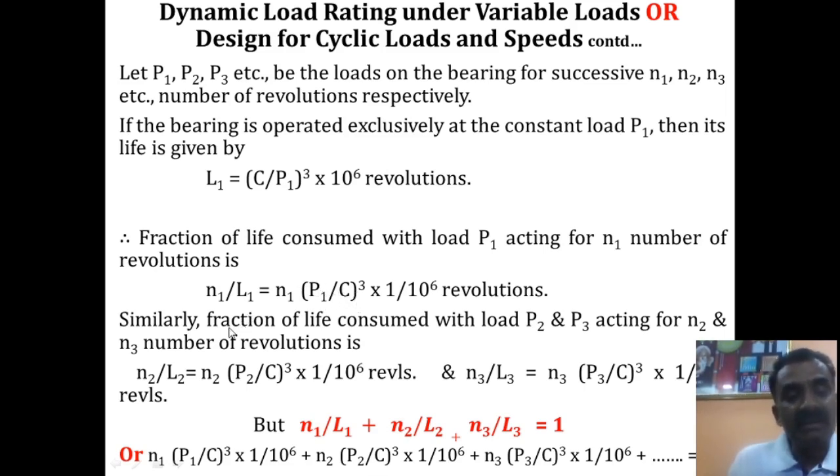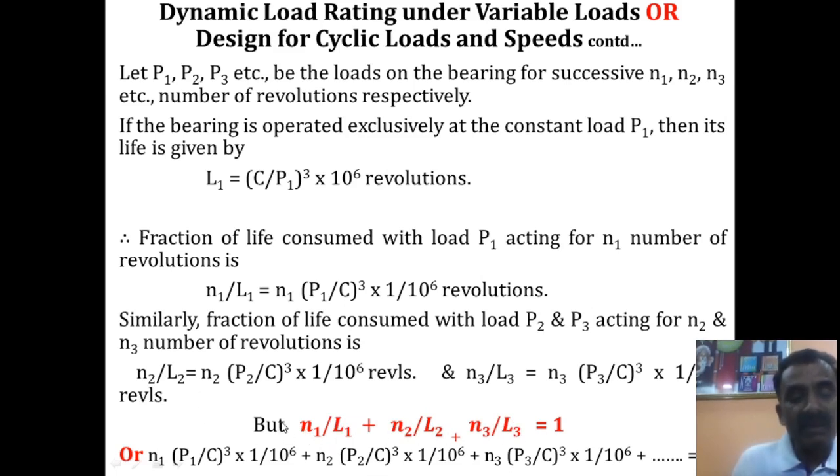And similarly, we can write it for the cycles P2 and P3. So N2 upon L2 is equal to N2 into P2 upon C cube into 1 upon 10 to the power 6 revolutions, and similarly for the rest. This is the fraction of life, but the total for the complete life would be 1. So the addition of all these would be 1.